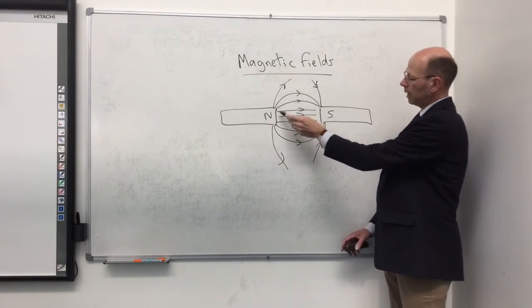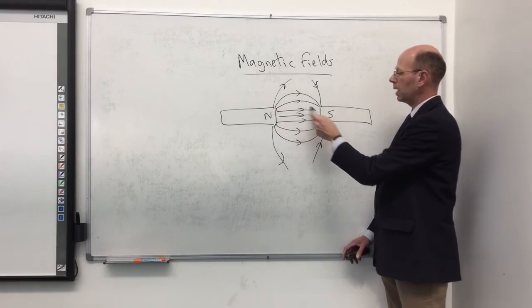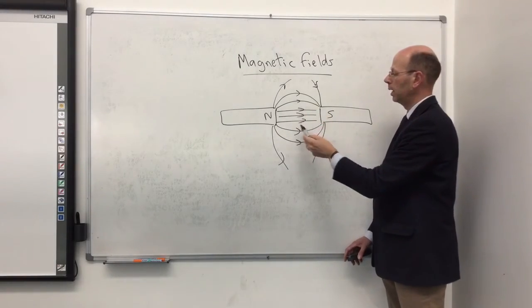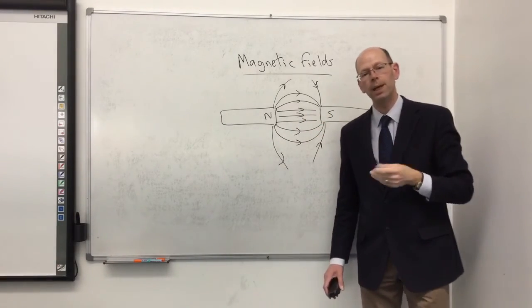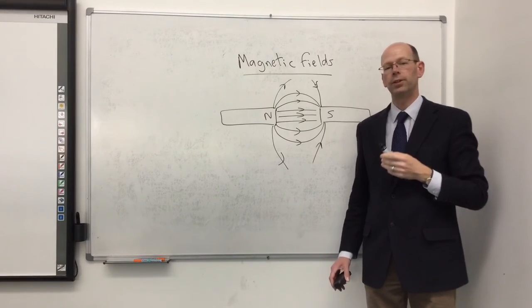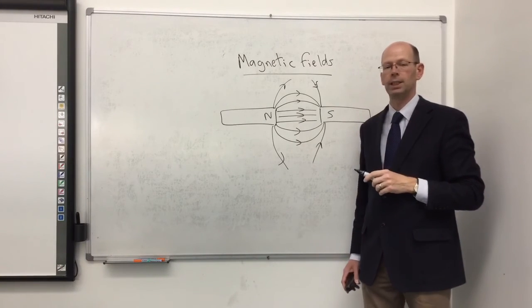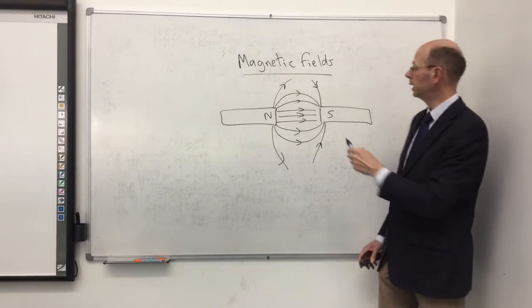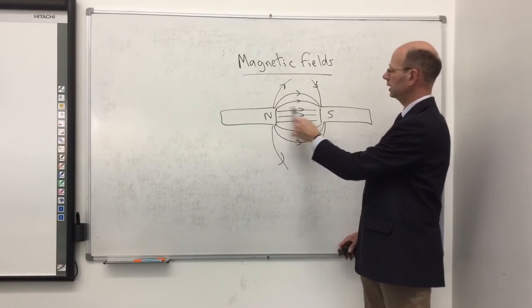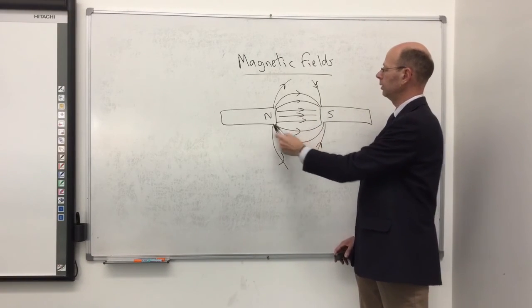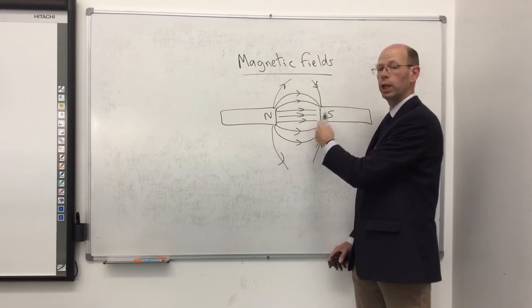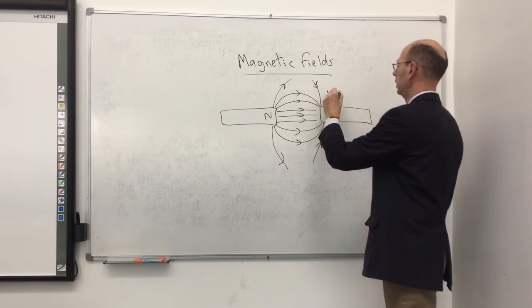Now notice something about here, that here the field lines are about equally spaced. And I said a moment ago that the spacing of the field lines tells us something about the strength of the magnetic field. So if the field lines are equally spaced, that's telling us that we have a magnetic field of constant strength, what we call a uniform magnetic field.